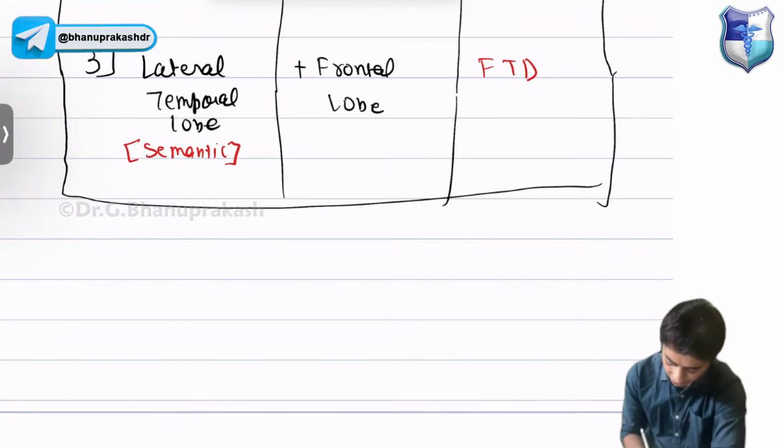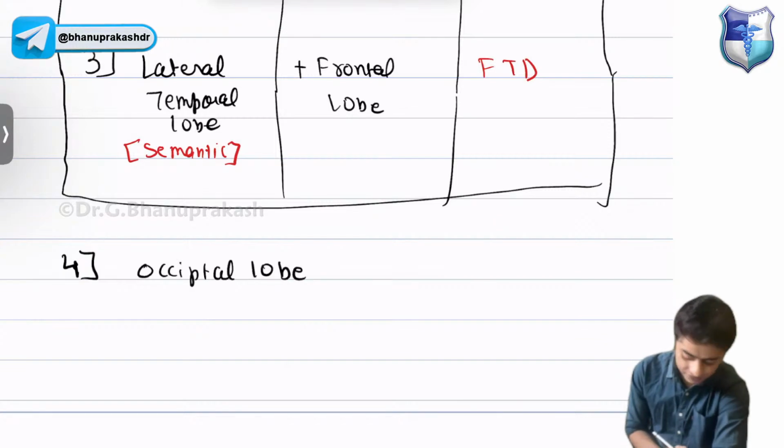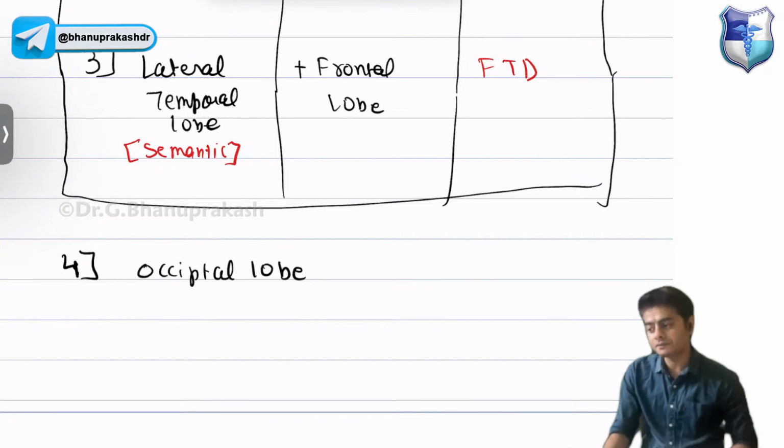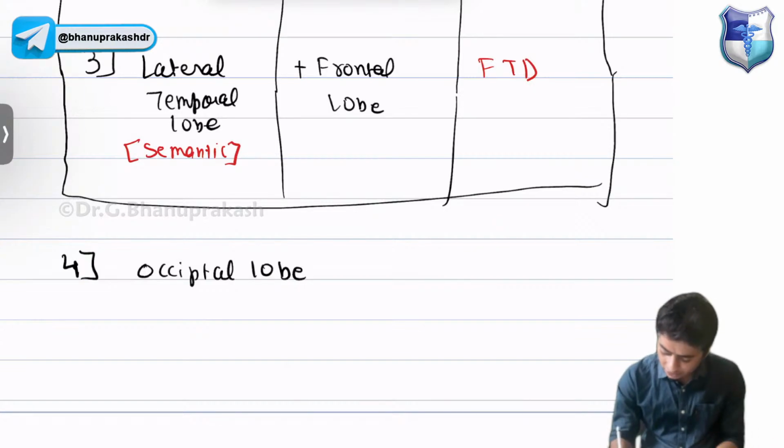Now tell me another thing. If there is a patient in which occipital lobe is affected, tell me the condition. And then your occipital and parietal lobe are affected.